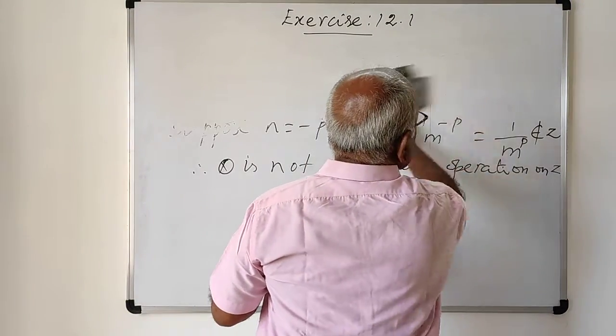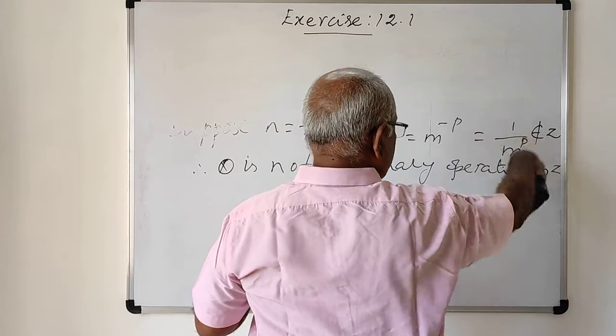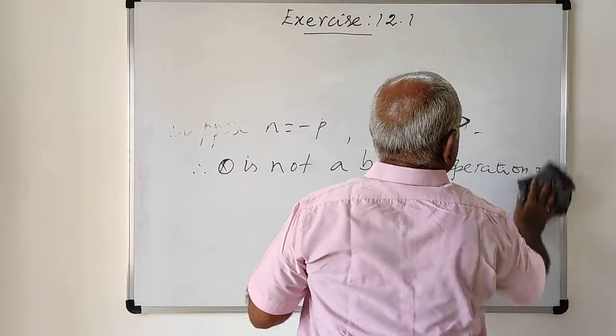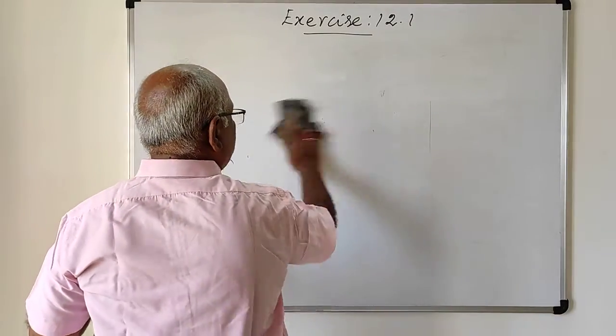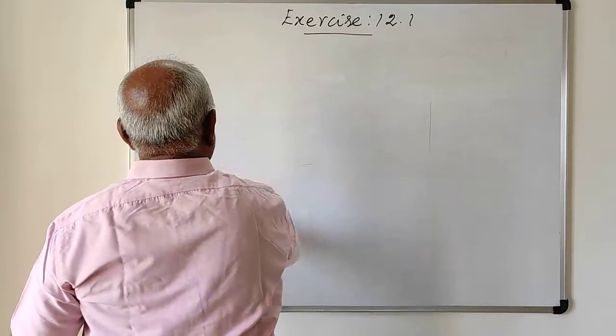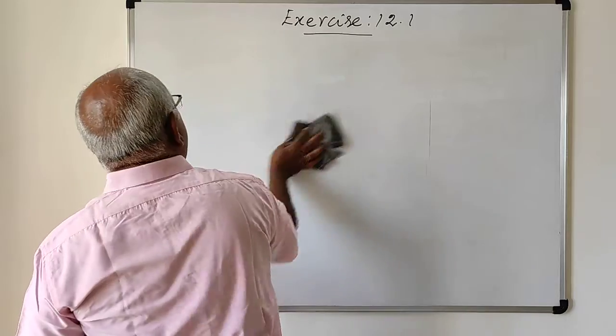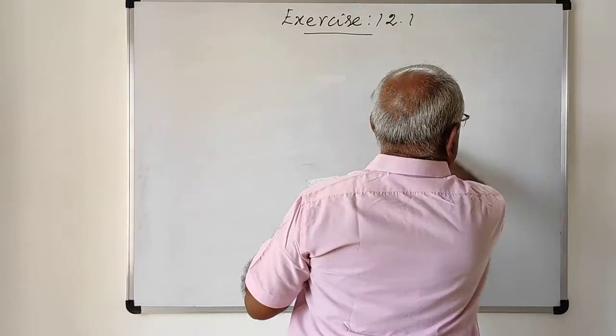If p is negative, m power minus p is 1 by m power p, a fraction, which is not in Z. Therefore, circle cross is not a binary operation on the set Z. This is the second problem.